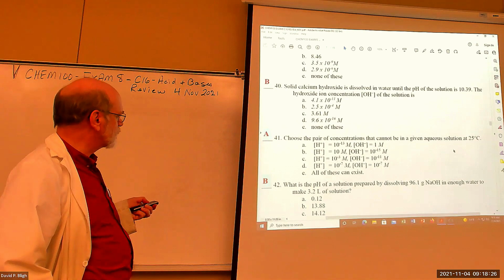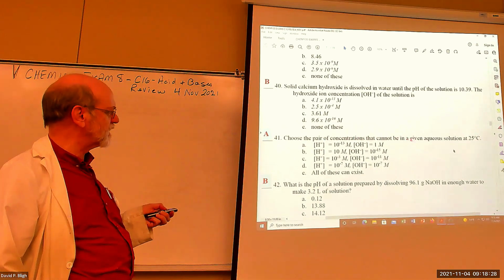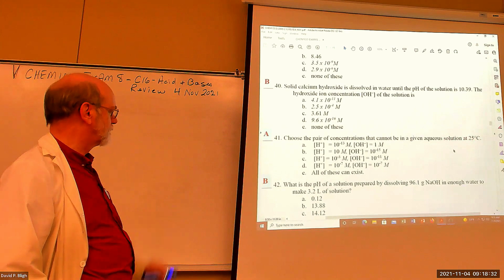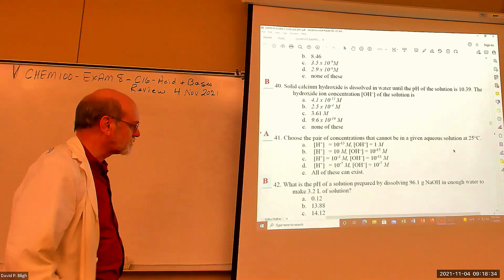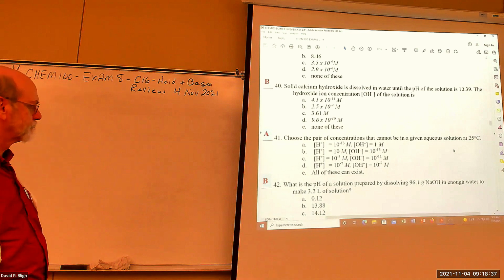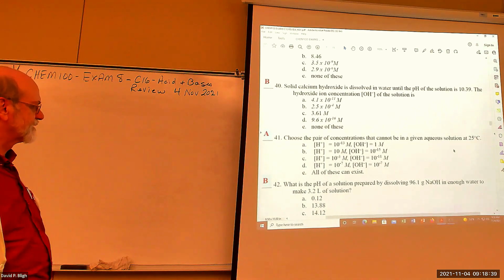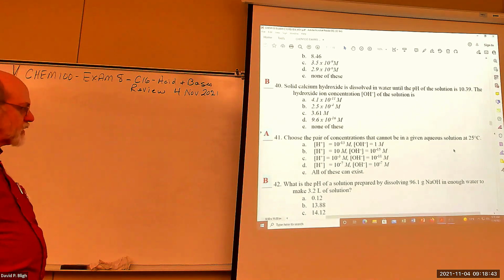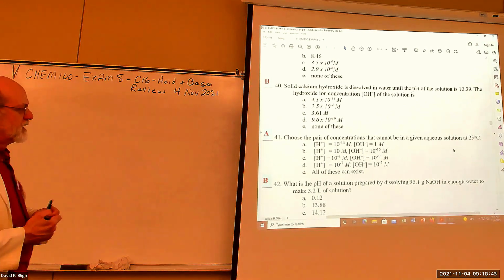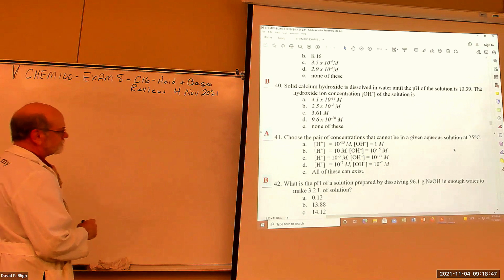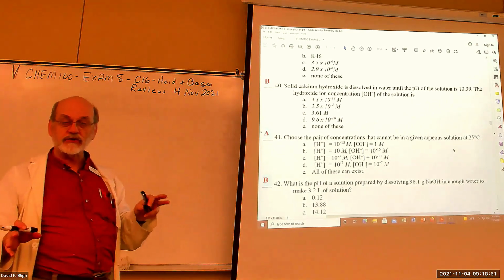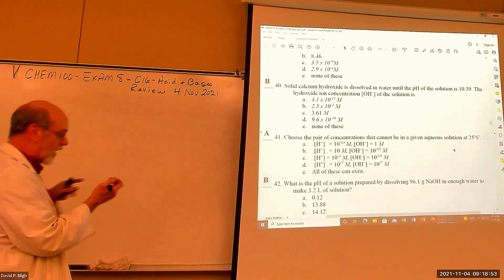Do we need to look at it? Choose the pair of concentrations that cannot be in a given aqueous solution at 25. So remember this. No matter what else is happening in the solution, this one is always there.